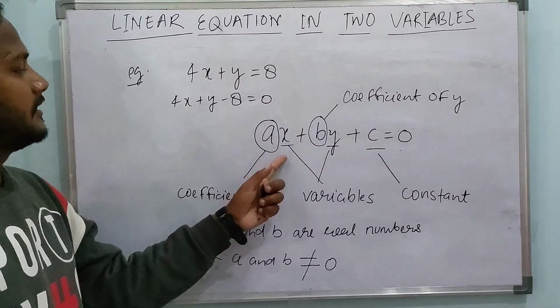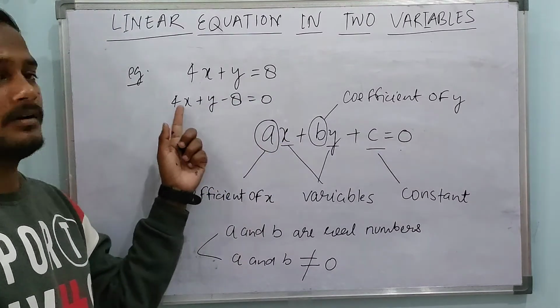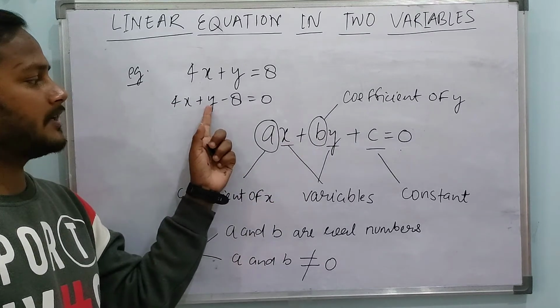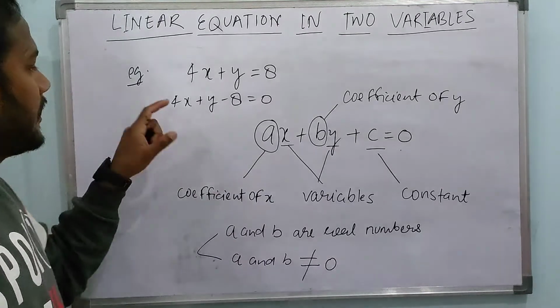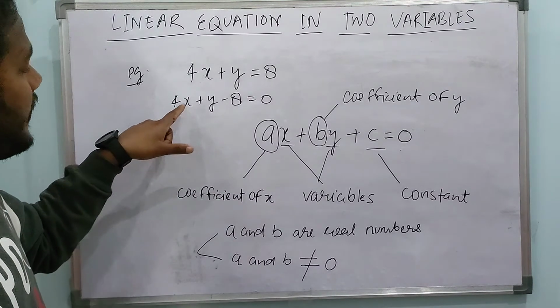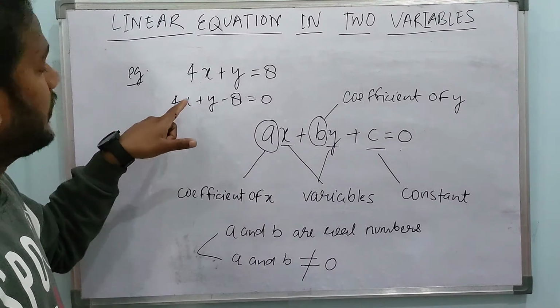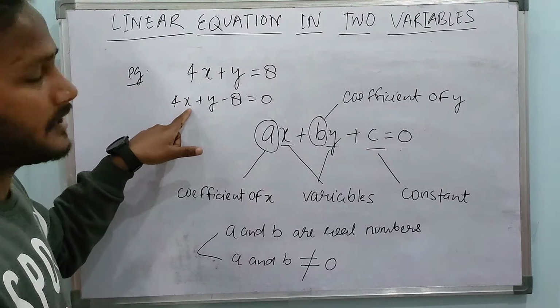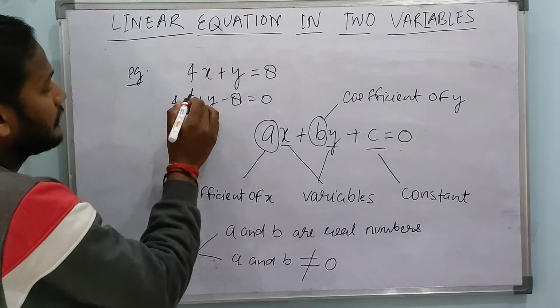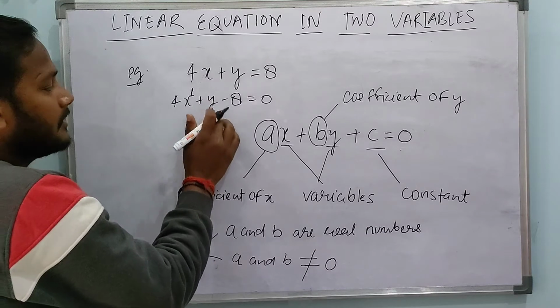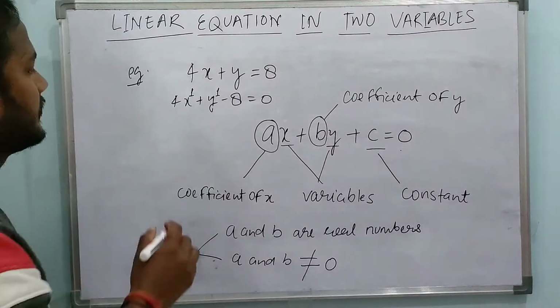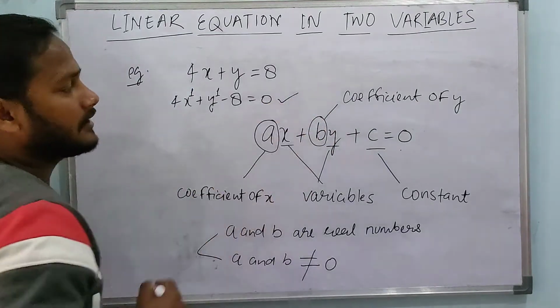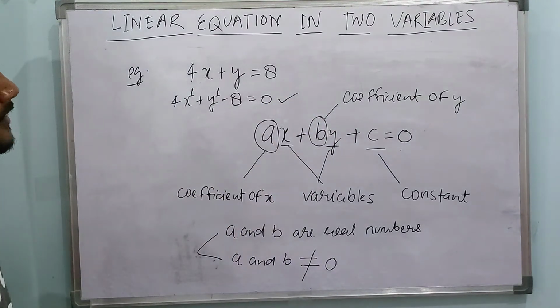Comparing, a is 4, b is plus 1, c is minus 8. We can also observe that the degree of variable x is 1 and the degree of variable y is 1. That's why this is a linear equation.